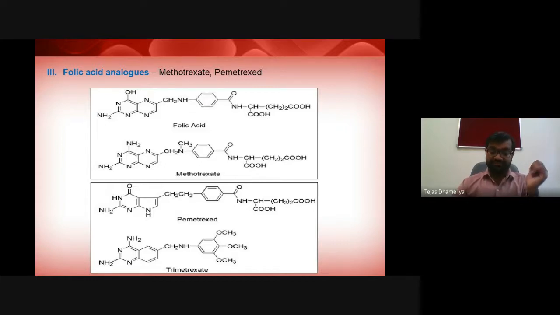Folic acid is essential in one carbon metabolism, and if we have a deficiency of folic acid, it will result in anemia. And the side effect of these folic acid antagonists is also the same, they are going to cause anemia.